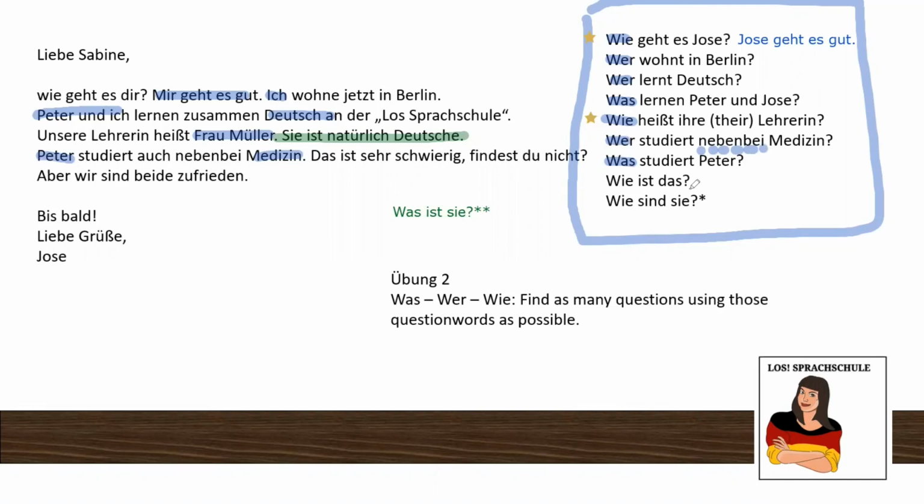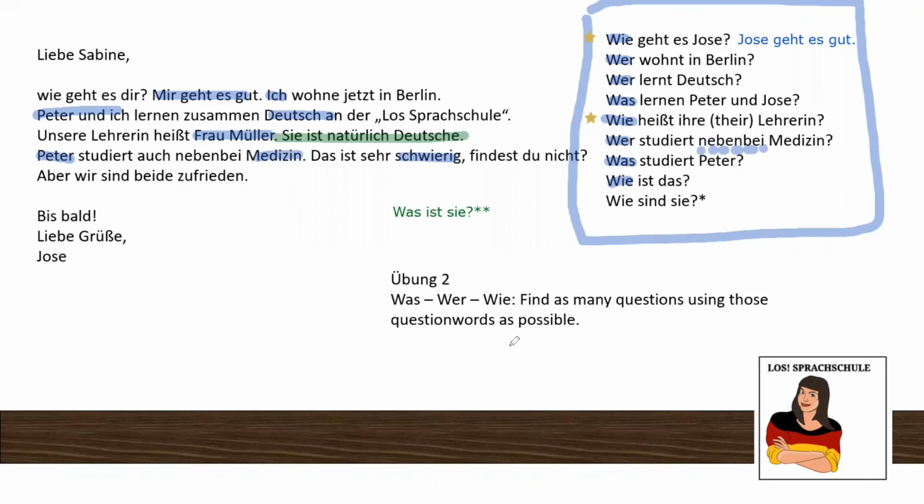Wie ist das? How is that? Here we have a typical sentence, as I said before, asking for a state of the current situation. So we are describing something. Wie ist das? How is that? Das ist sehr schwierig. And the last one, wie sind sie?